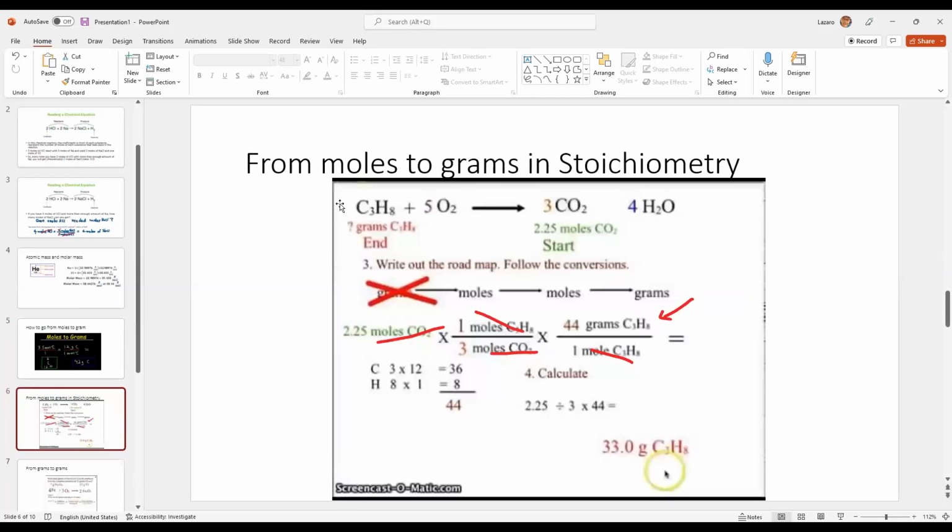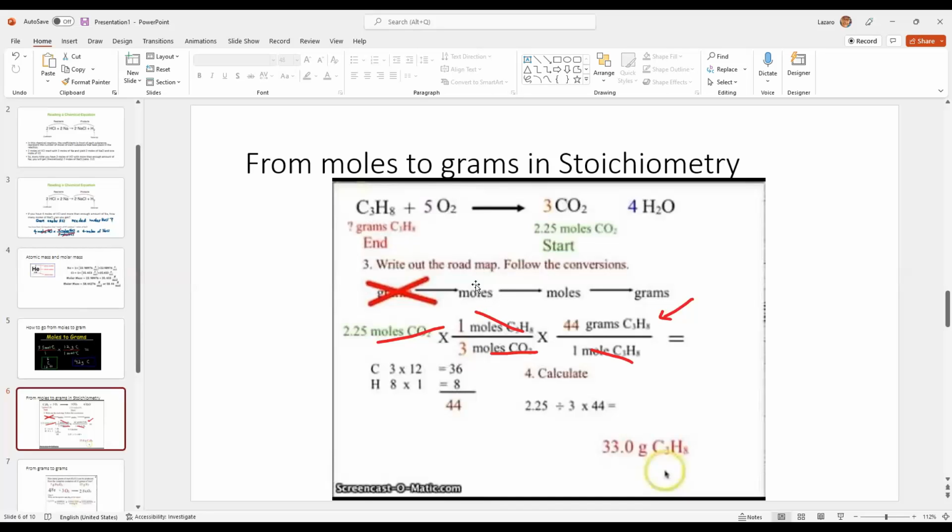And here, let's go to a stoichiometric calculation. For example, in this chemical reaction, you need to know the grams of this substance that can produce 2.25 moles of carbon dioxide. This is what is given, and that's what is needed.